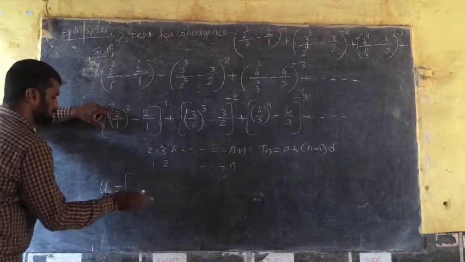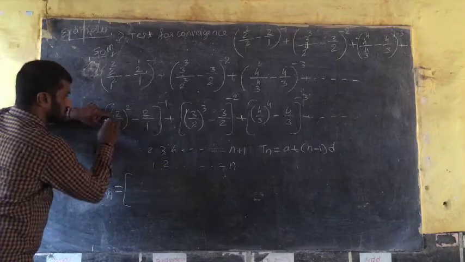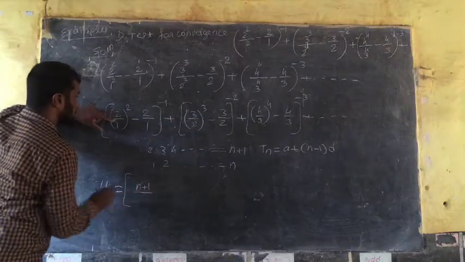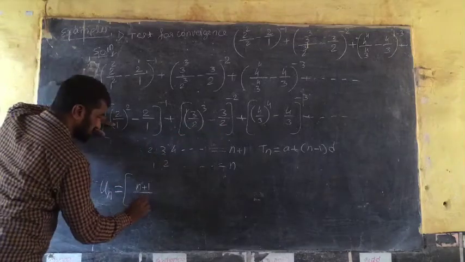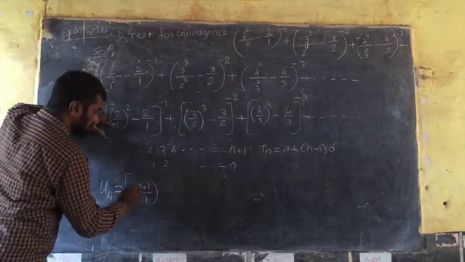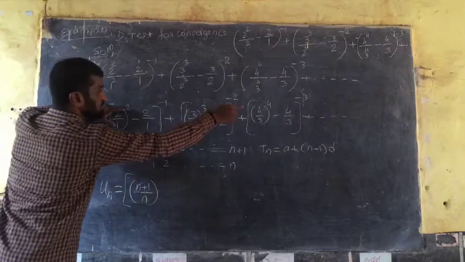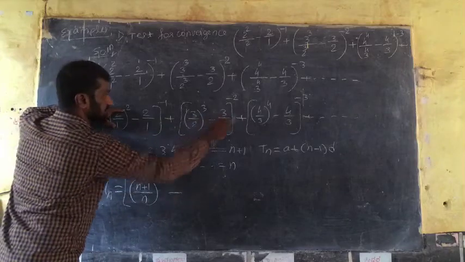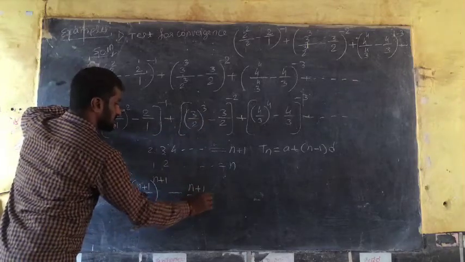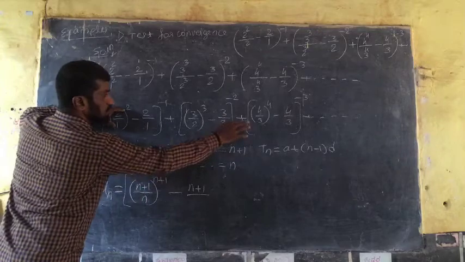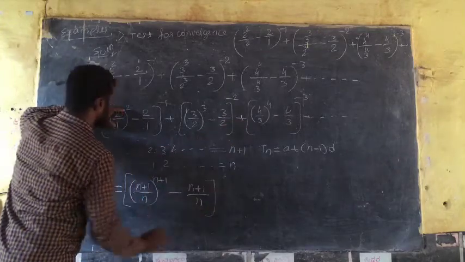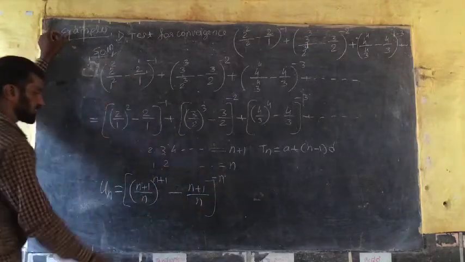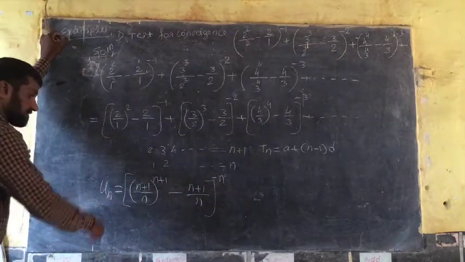Removing the summation, un equals (n plus 1 divided by n) raised to n plus 1, minus (n plus 1 divided by n) raised to minus n. The exponents 1, 2, 3 give n, and minus 1, minus 2, minus 3 give minus n. So this is the nth term, un, right?